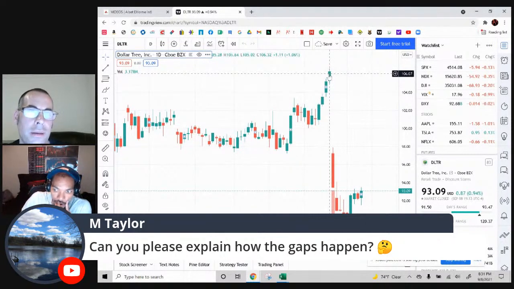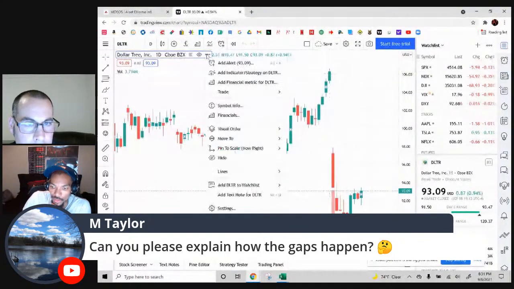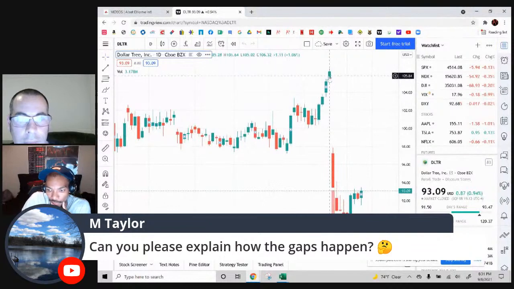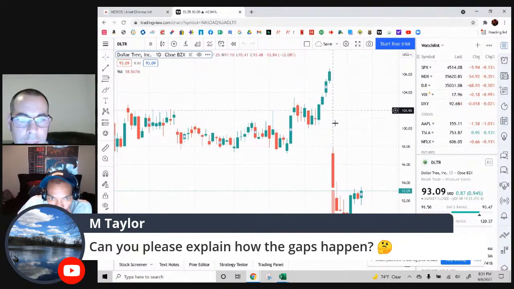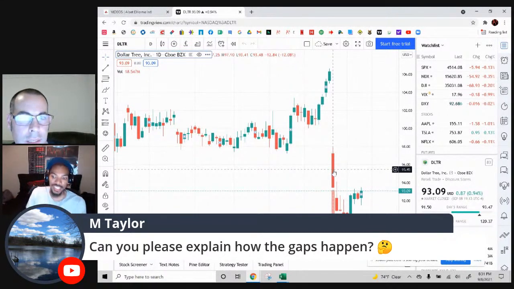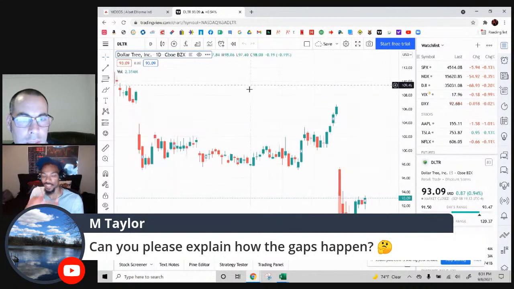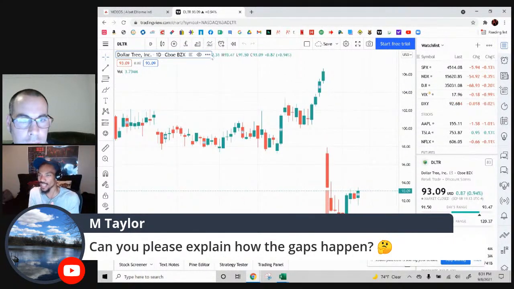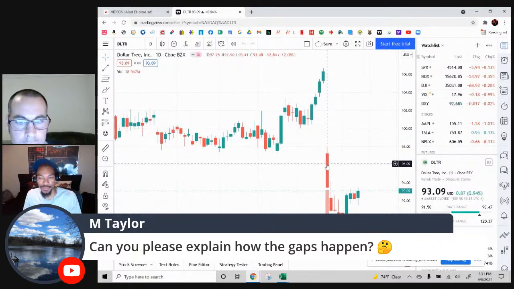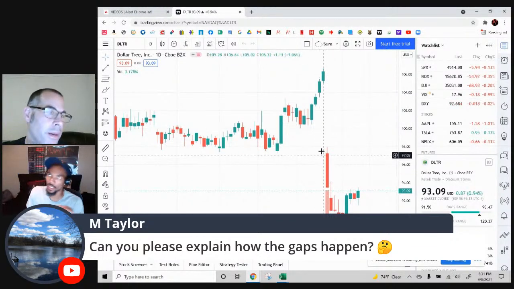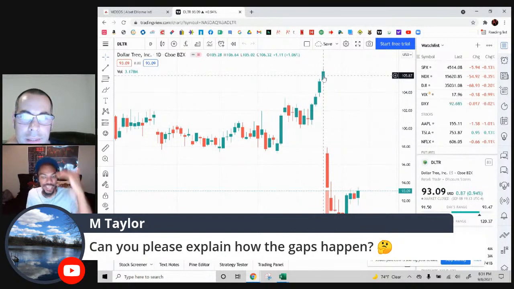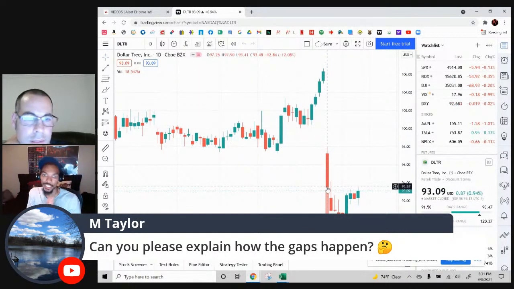So 8/25, why is this gap there? It closed at 106.32. Shouldn't it open at 106.32 on 8/26? Yeah, that's normally what happens, but when a gap happens, I think something major happened maybe in the after hours. Aftermarket and pre-market? Yeah, and it changed drastically.